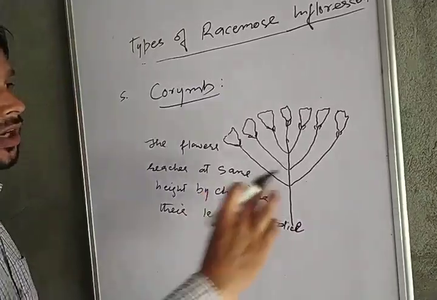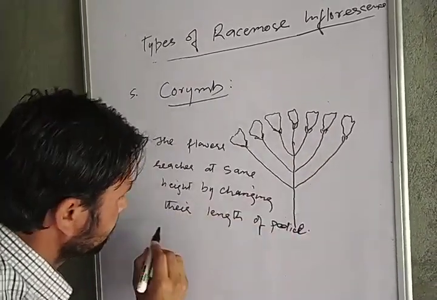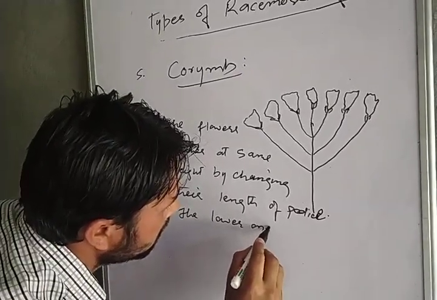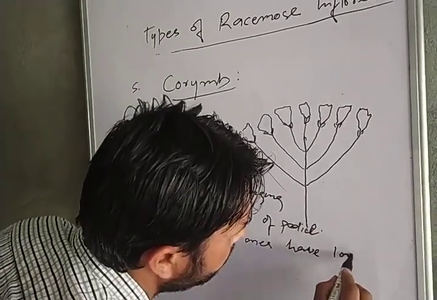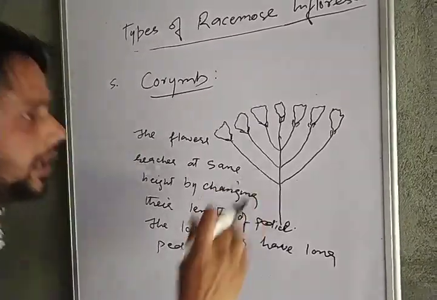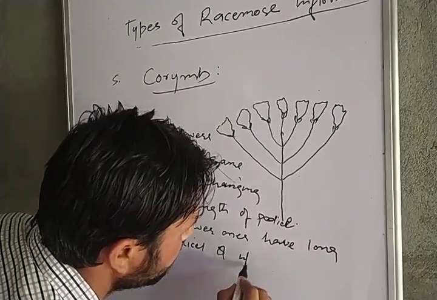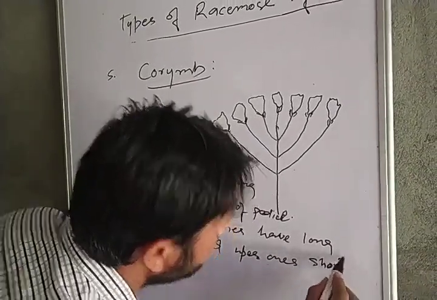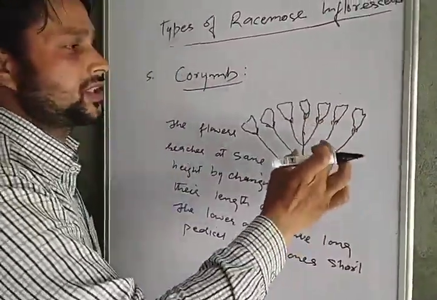By changing their length of pedicel, the lower ones have long pedicel, and the upper ones have short pedicel. Okay. This was about the corymb type, in which the pedicel length changes.